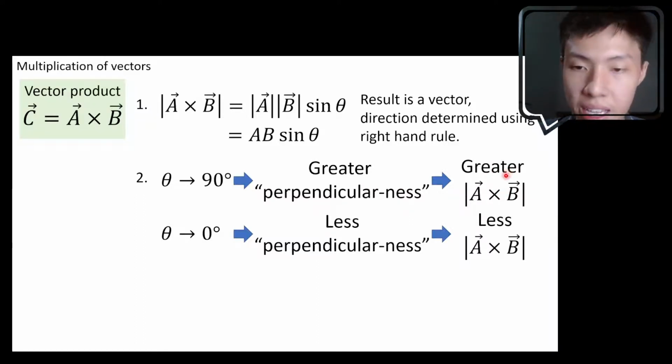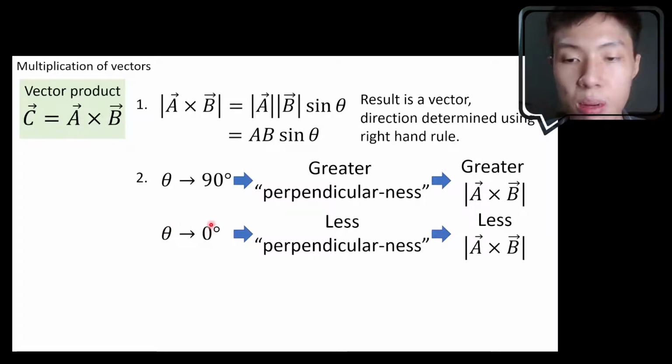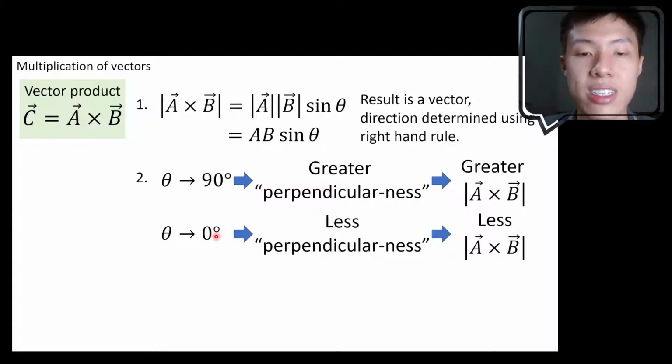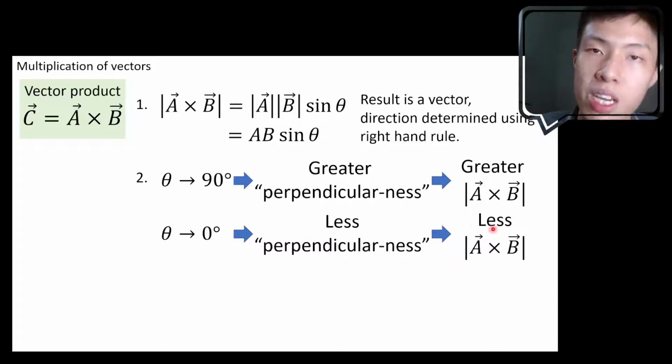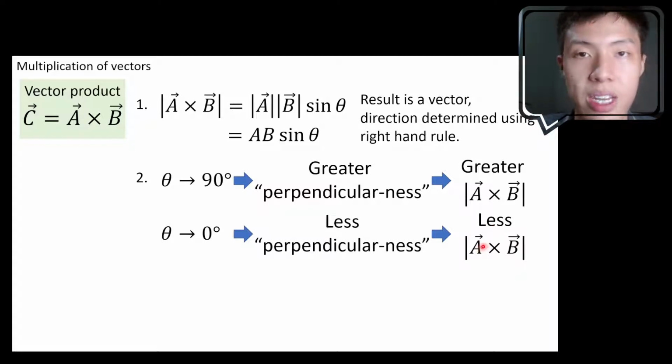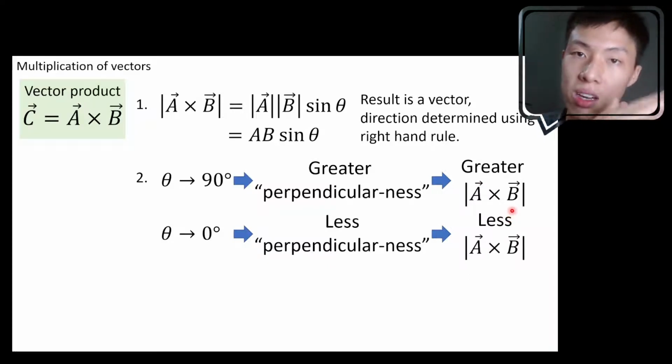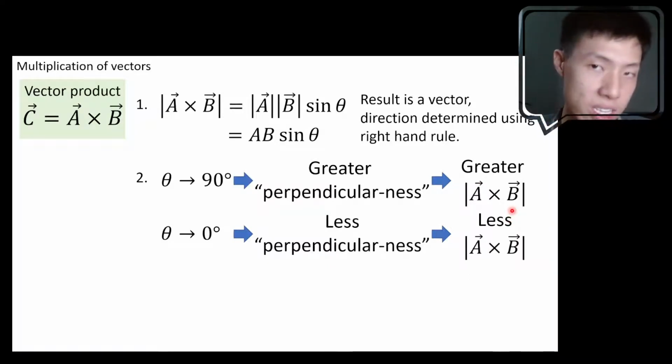On the other hand, if your angle is approaching 0 degrees or 180 degrees, then you have less and less perpendicularness, so you should expect a smaller result for A cross B. We are talking about magnitude here. The magnitude will increase or decrease depending on the angle between the two vectors.